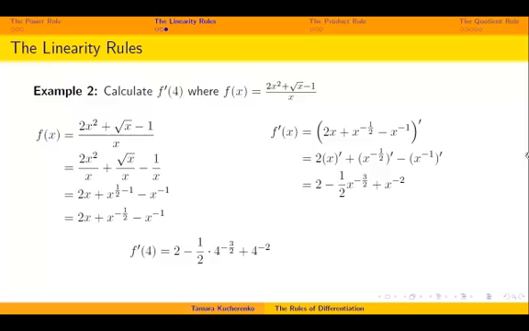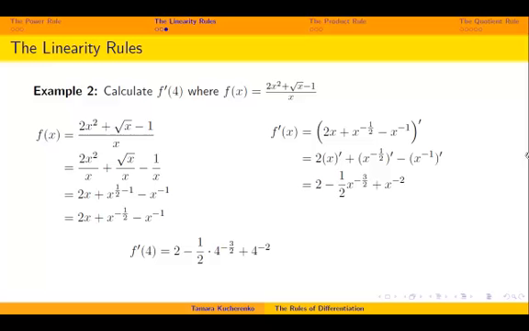First, notice that 4 to the negative 3/2 equals 1/8, because 4 to the 1/2 is the square root of 4, which is 2. 2 cubed is 8. And since we had a negative exponent, we get 1 over 8.